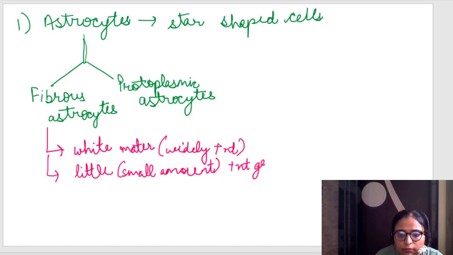So it is mostly distributed in the white matter, but a little amount is also present in the gray matter. We have now known that astrocytes are star shaped cells and they are present in the white matter and a little amount in the gray matter also.